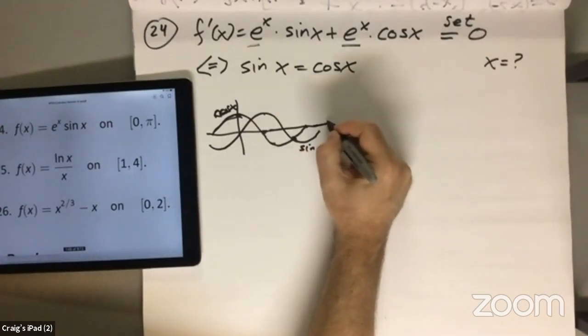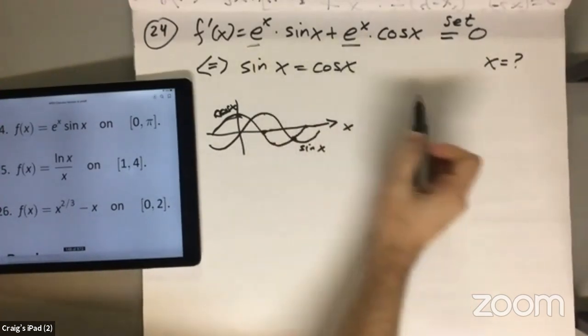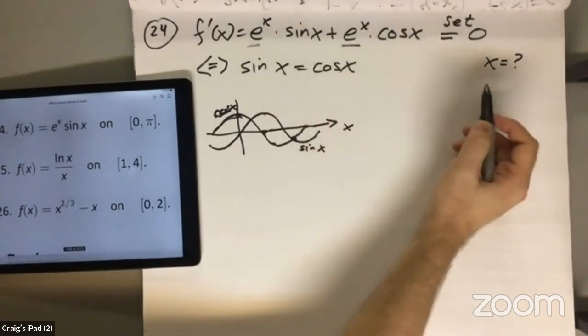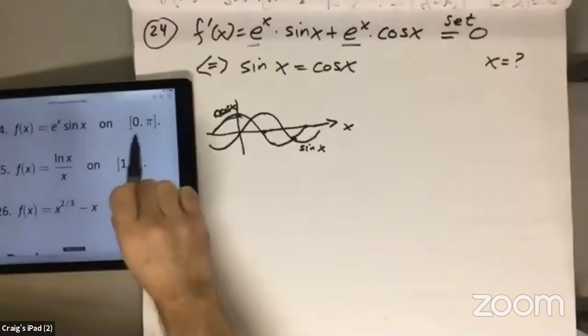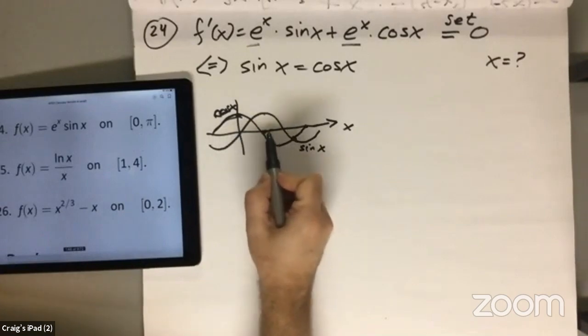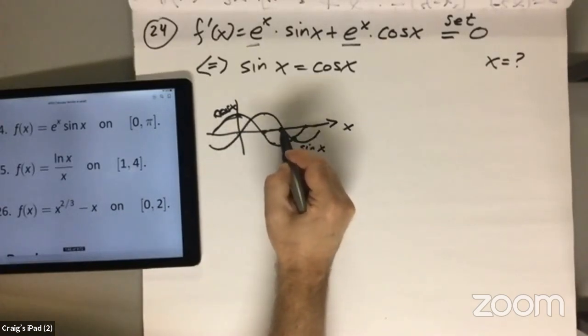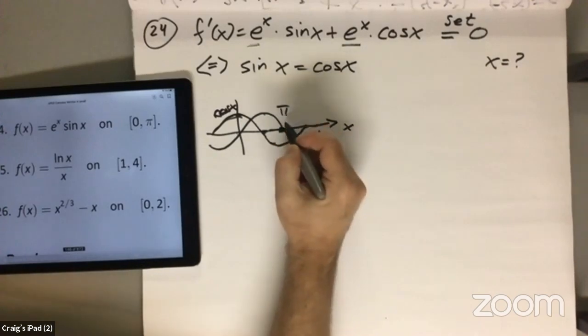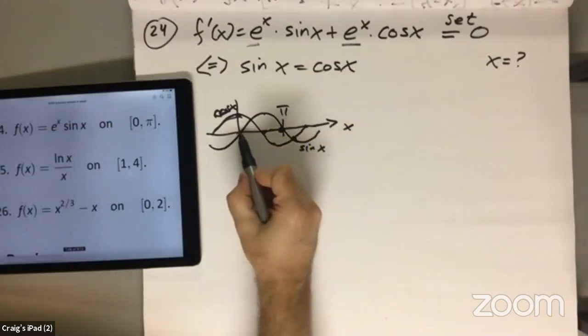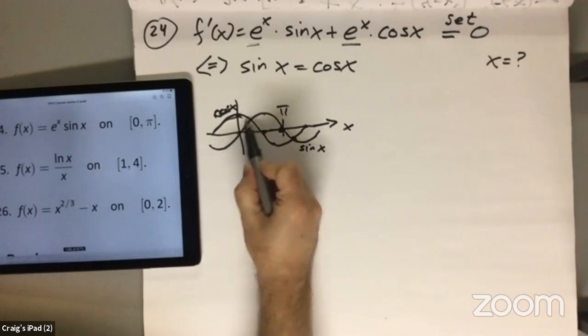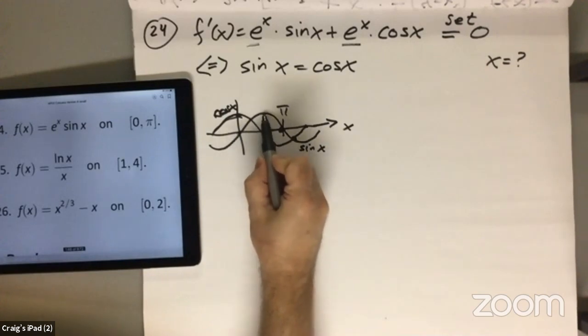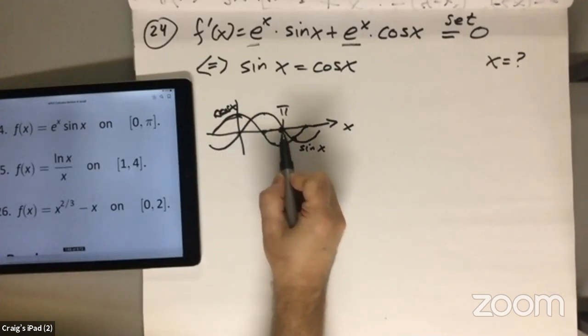I don't really care about all the infinite places where they're equal. I only care about them from 0 to pi. So from 0 to pi is from here to here. The sine function goes from 0 at 0, at pi over 2 it's maximum, and then at pi it's 0 again.